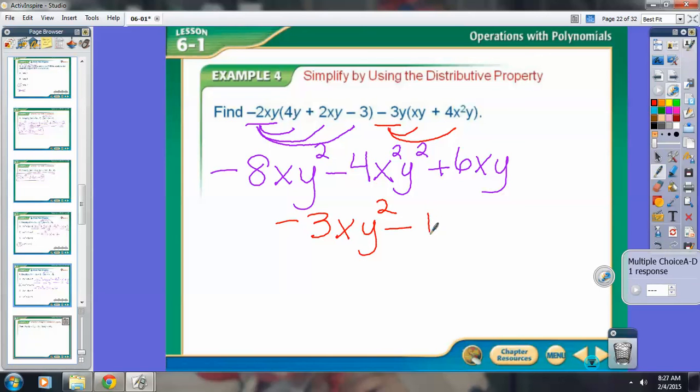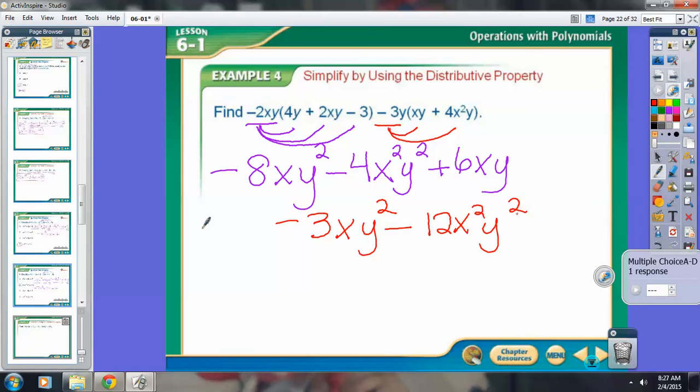Negative 3 times 4 is negative 12x squared y squared. Did you notice every time I put these letters, these variables, in alphabetical order? I do want you to do that. We don't say y squared x squared, we always say x squared y squared, so please put in alphabetical order. I'm not quite finished. There's something else I can do. What else can I do?